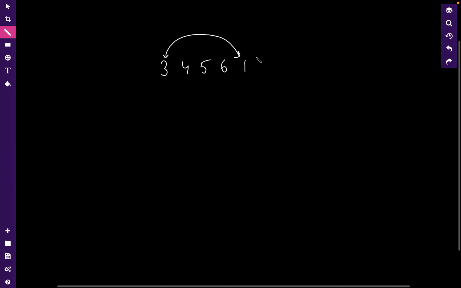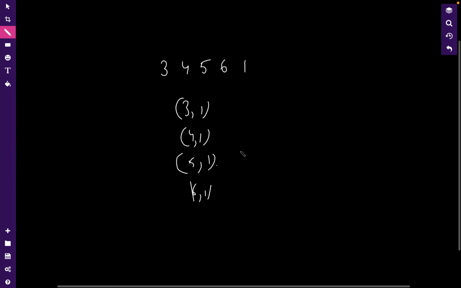So the total number of inversions here will be basically 3 comma 1, 4 comma 1. So these are basically the elements, not indices, that I am writing here. 5 comma 1, 6 comma 1.